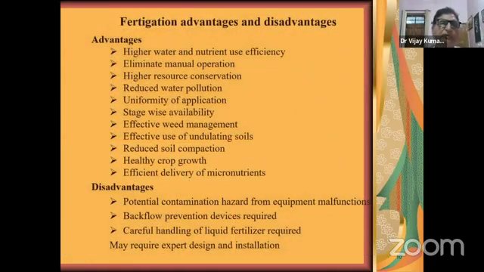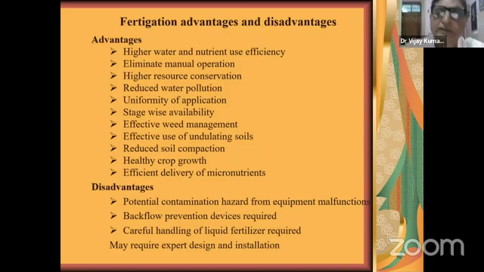Now coming back to fertigation, it has great advantages: higher water and nutrient use efficiency, elimination of manual operation, higher resource conservation. So many benefits are there. But the problem with this technique is that it is a costlier fertilizer application.